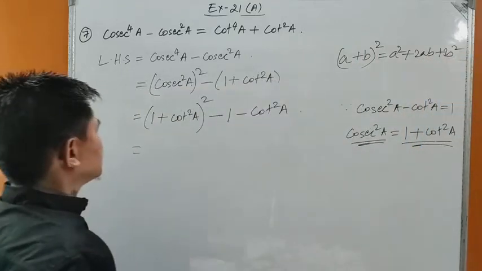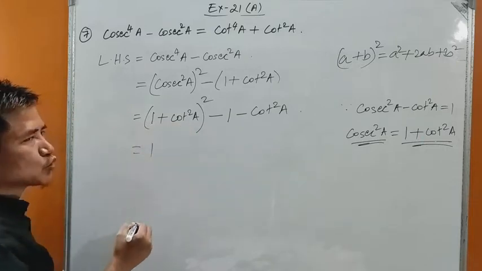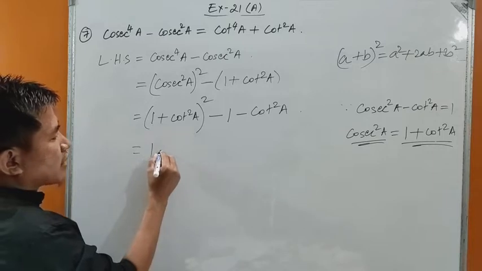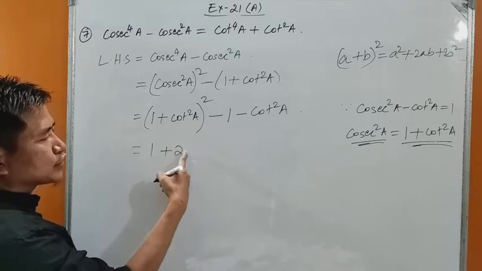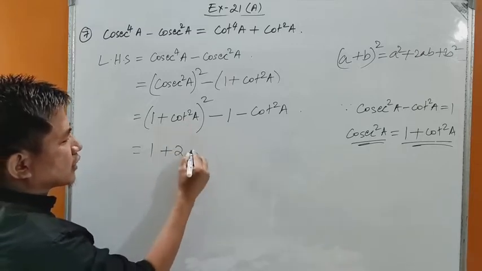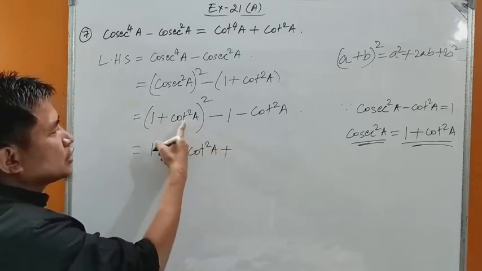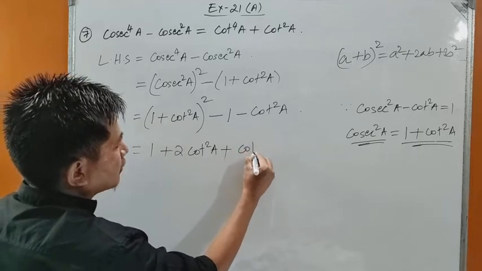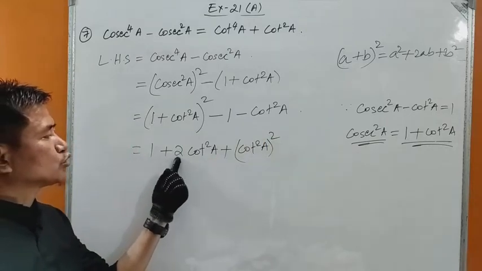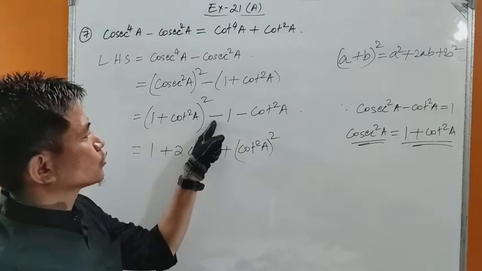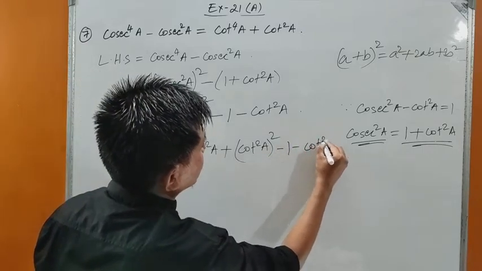So a square means 1 square is 1, plus 2ab, 2 into 1 is 2, b is cot square a, plus b square. So b square is cot square a whole square. So we have minus 1 minus cot square a.